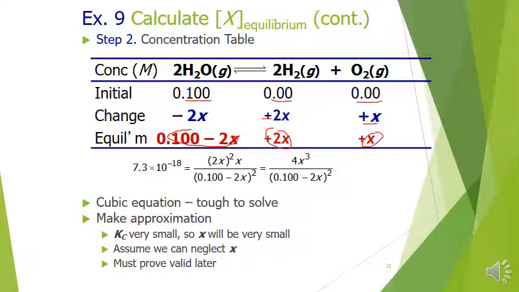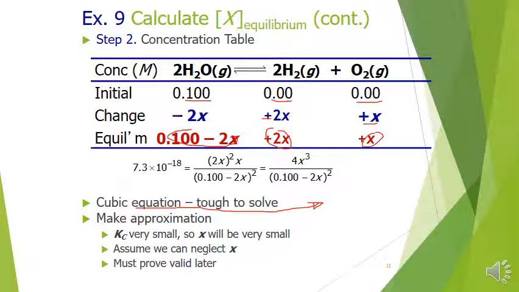Now you can expand it to look like this up here, and you can see that this is going to be really messy. It's a cubic equation, and you could solve it. There's ways of doing it. There's calculators and things these days that do it.